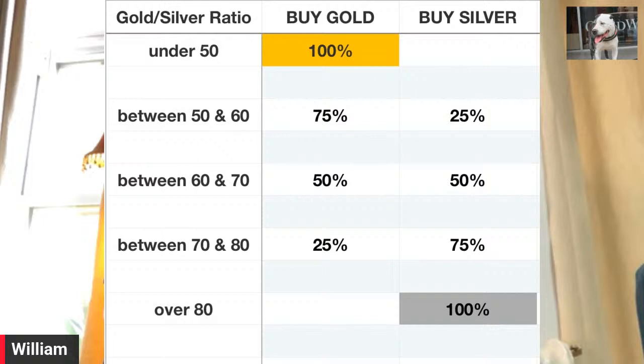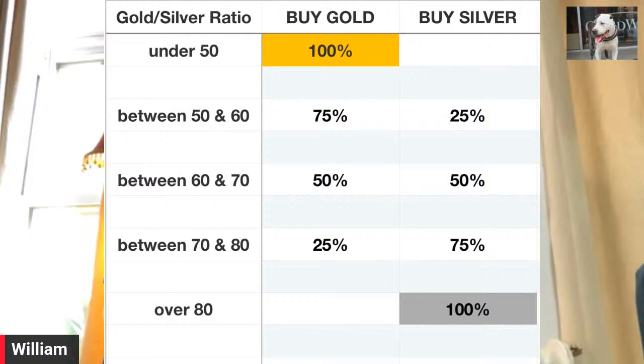When the gold-silver ratio is under 50, in other words, when 1 ounce of gold buys 50 ounces or fewer of silver, it suggests gold is undervalued compared to silver, so I buy only gold. When the ratio is between 50 and 60, I split it 75%, 25% gold-silver, and you can see that there.